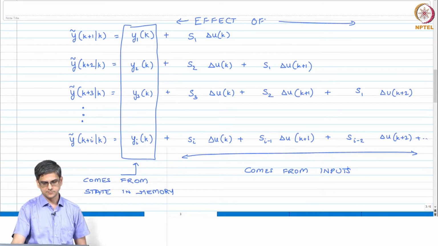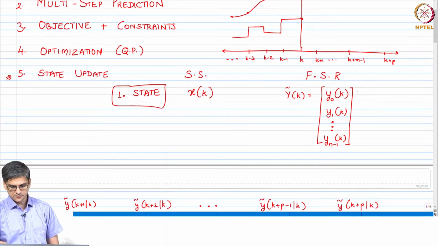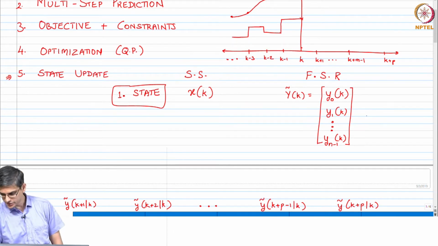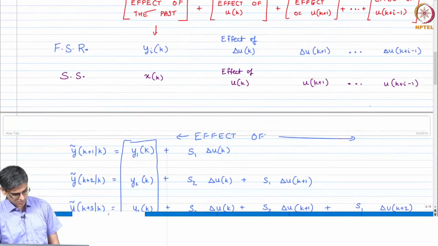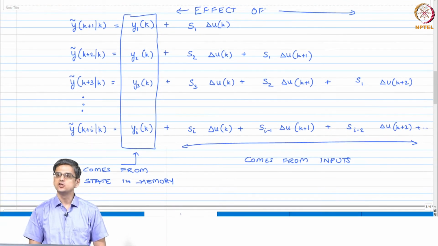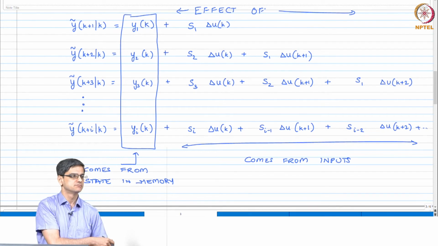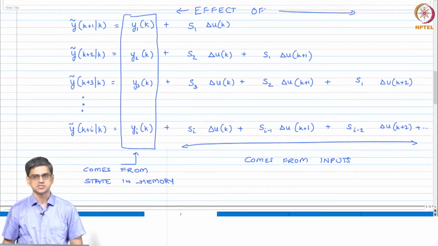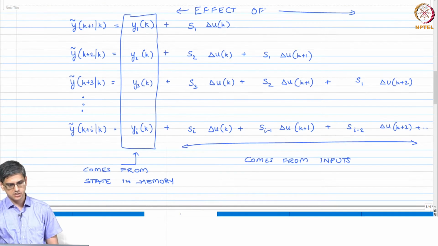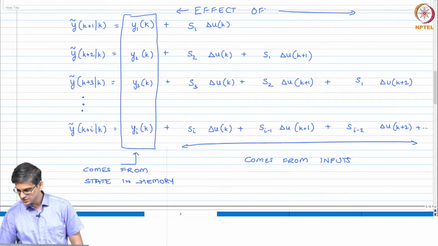This comes from inputs. Just to recall, our definition of state was y0k, y1k up to yn minus 1k. The stuff that comes from the memory, we are not using y0k, right. Y0k is already the past when we are beginning to take the decisions. So, we are not taking that, we are only taking the rest.